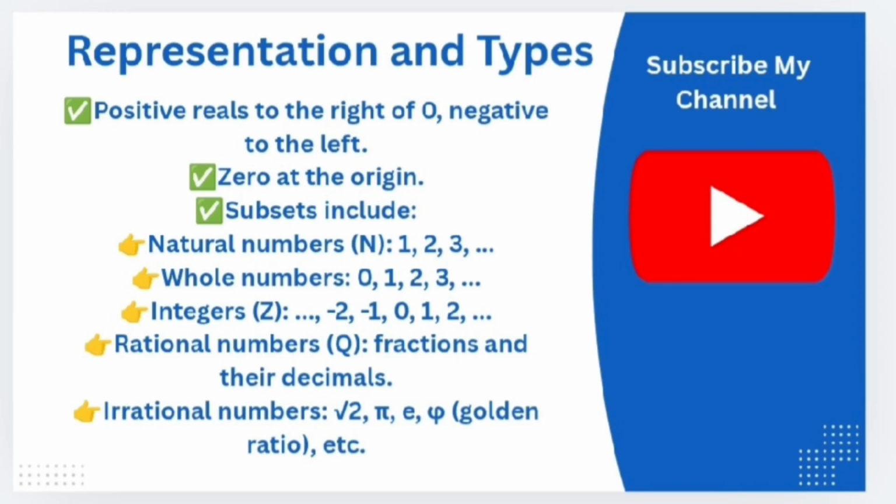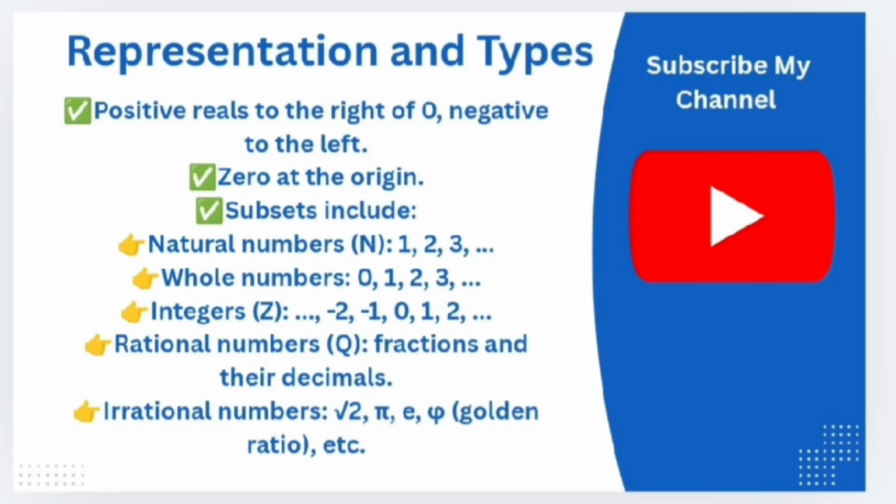Representation and types. Real numbers are represented primarily on the number line. Positive reals to the right of 0, negative to the left, 0 at the origin. Subsets include natural numbers 1, 2, 3, continuing infinitely in the positive direction. Whole numbers 0, 1, 2, 3, continuing infinitely in the positive direction.